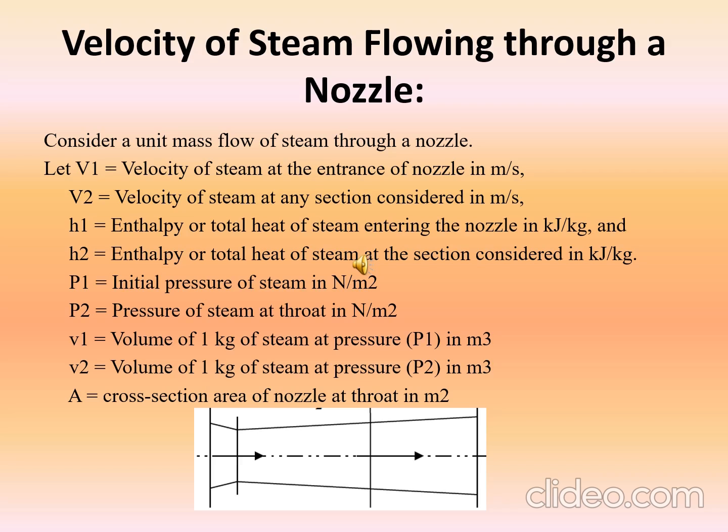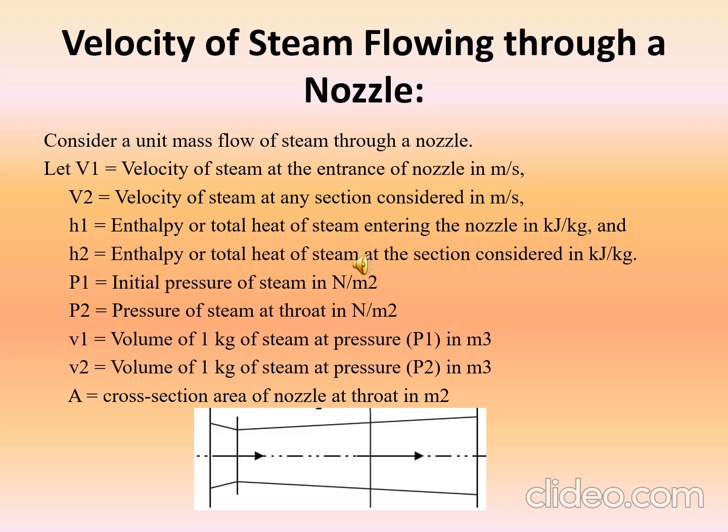At entry the enthalpy is h1 and at exit the enthalpy is h2. Entry pressure is P1 and exit pressure is P2. At entry the volume is V1 and at exit the volume is V2, and the cross-sectional area is considered at the throat.